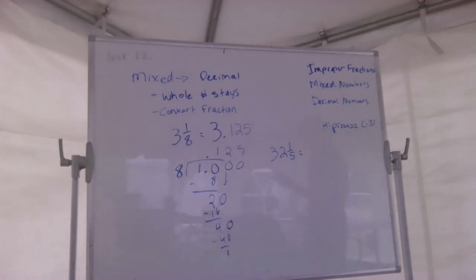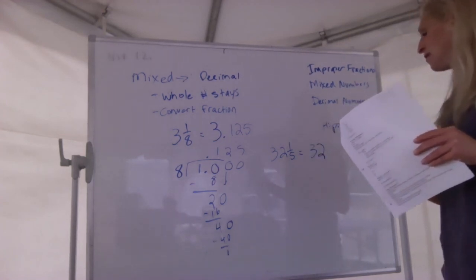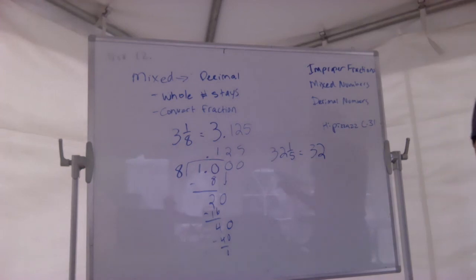Whole number stays. Just convert the fraction part to a decimal and then put it together with your whole number. So we know it's going to be 32 something, and you're going to be doing 1 divided by 5. I got it. Charles got it too.